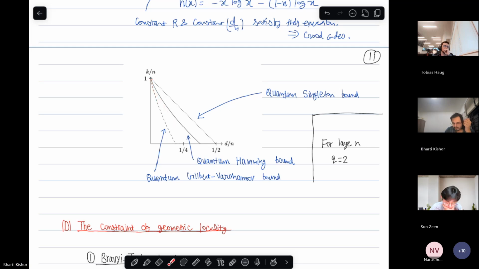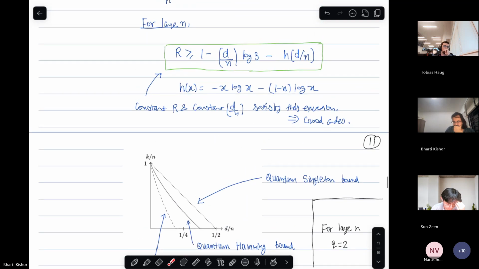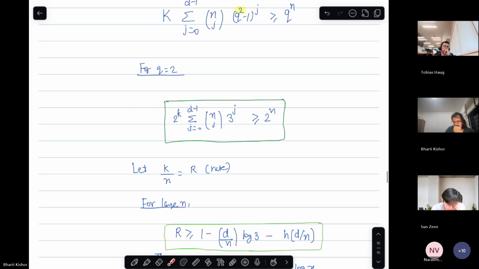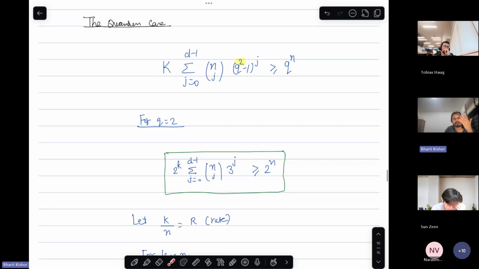I don't know. It will come down a bit. I mean, it's an upper bound, so you want to make it a bit tighter, which means you want to bring it down a bit.